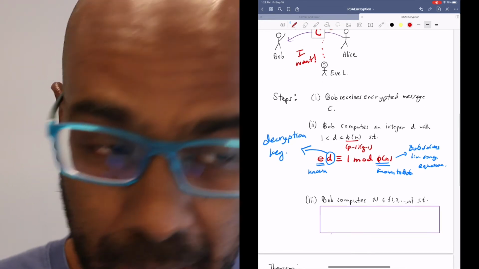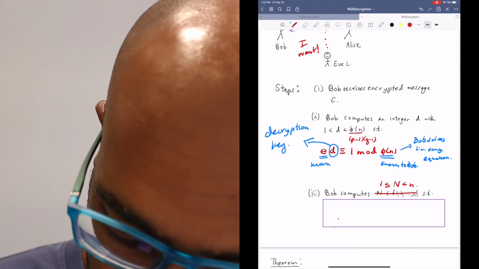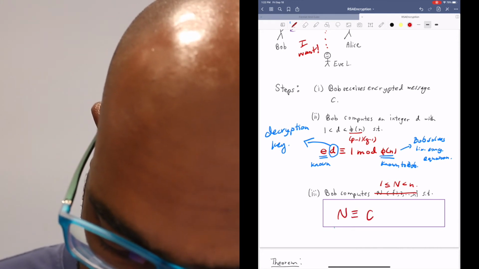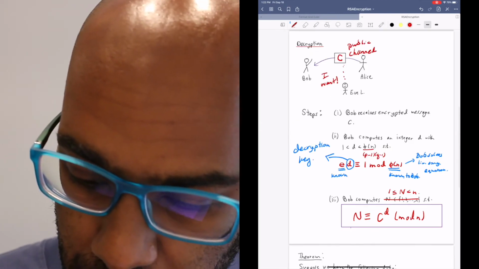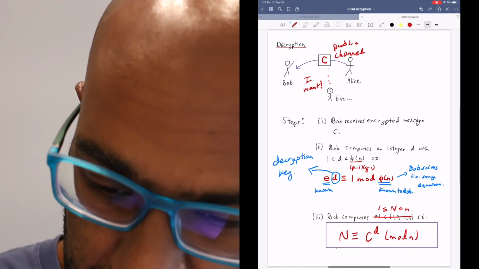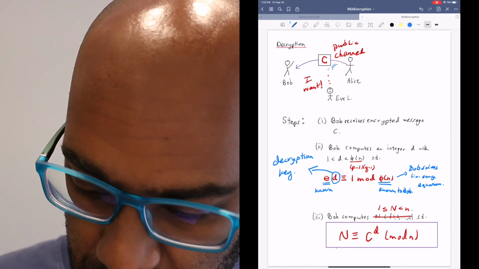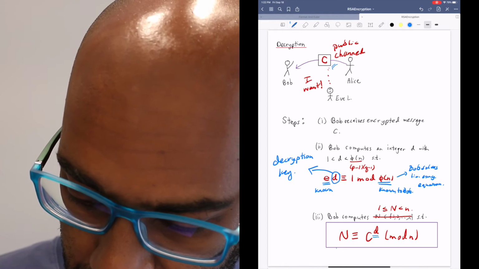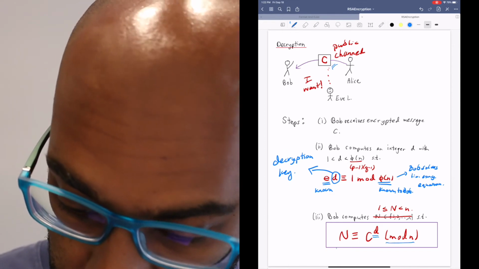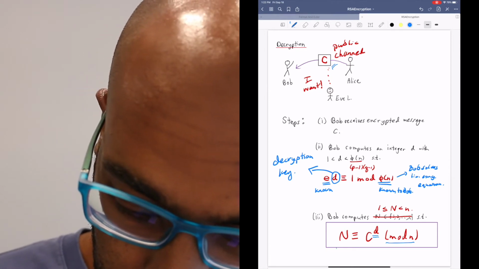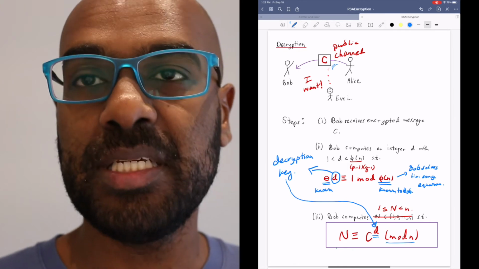And then Bob picks a number N so that N is congruent to C to the D mod n. So Bob is taking this jumbled up message C and raising it to a power and reducing that mod n. And the power that he's using is the decryption key that he computed.